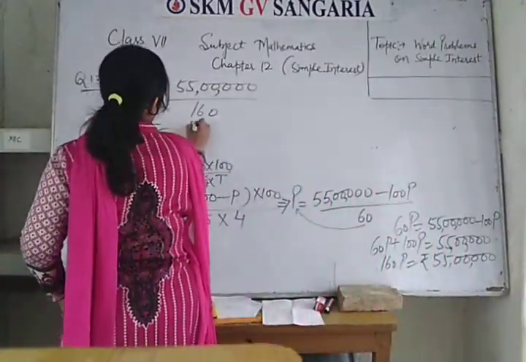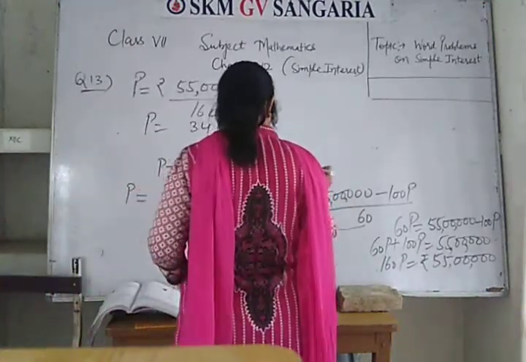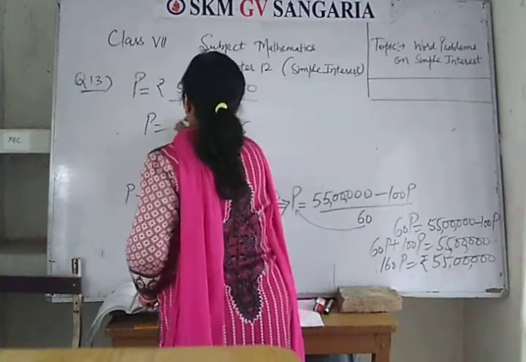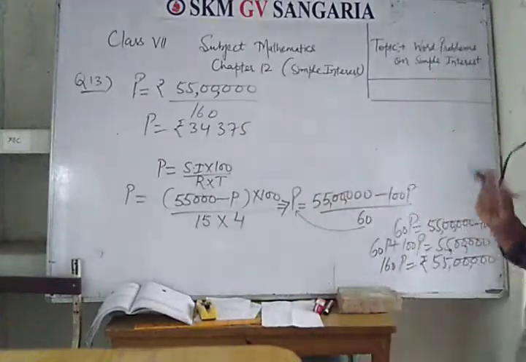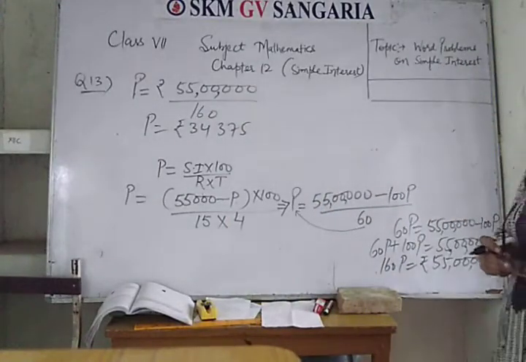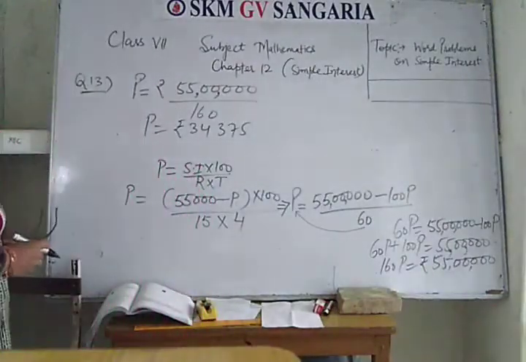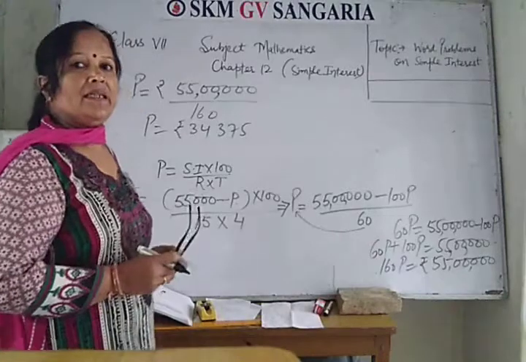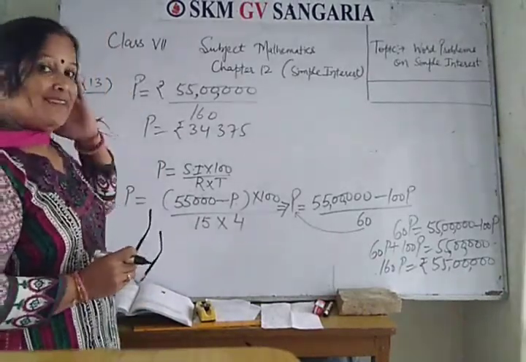After solving, it will become 34,375. If you are getting this, it means you are good in maths calculation. Please do the calculation part. Maths is learned practically when you do it with your hands and your brain.